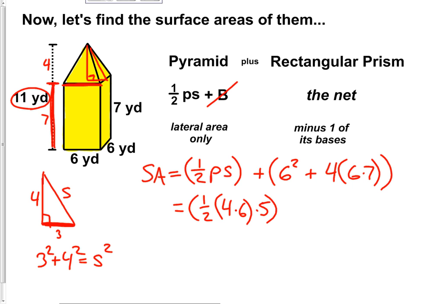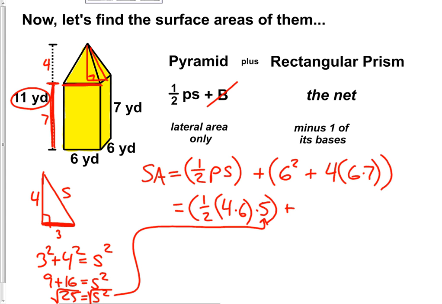We know the 2 legs, 3 and 4. That's 9, 16. So you end up with 25 equals s squared, and when you take the square root of both sides, there is your 5. So our 5 comes from there. Hopefully you've got the 3, 4, 5 special right triangle, or Pythagorean triple, memorized by now.